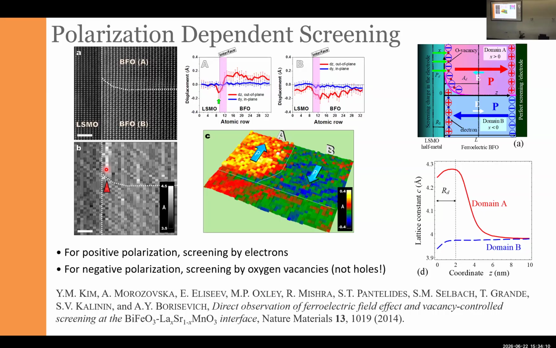The second problem is that if we want to switch polarization, we want to switch it many, many billions of times. That's the number of cycles that our memory cell should undergo. If our switching is purely polarization and electrons, we expect that we can do it forever without any damage. If we force oxygen to go forward and backward, sooner or later, oxygen motion will start to destroy our lattice.